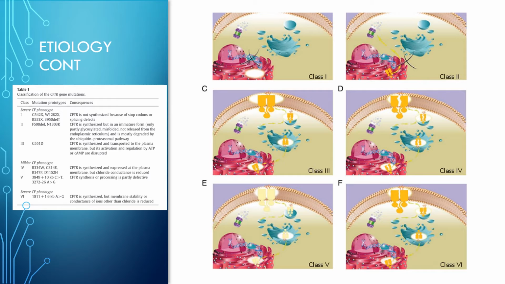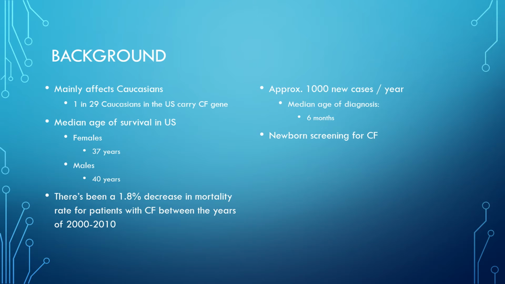In classes 4, 5, and 6, we can also again see a protein on the plasma membrane. Despite its presence, its function is most likely reduced or partially defective. Cystic fibrosis mainly affects the white population.